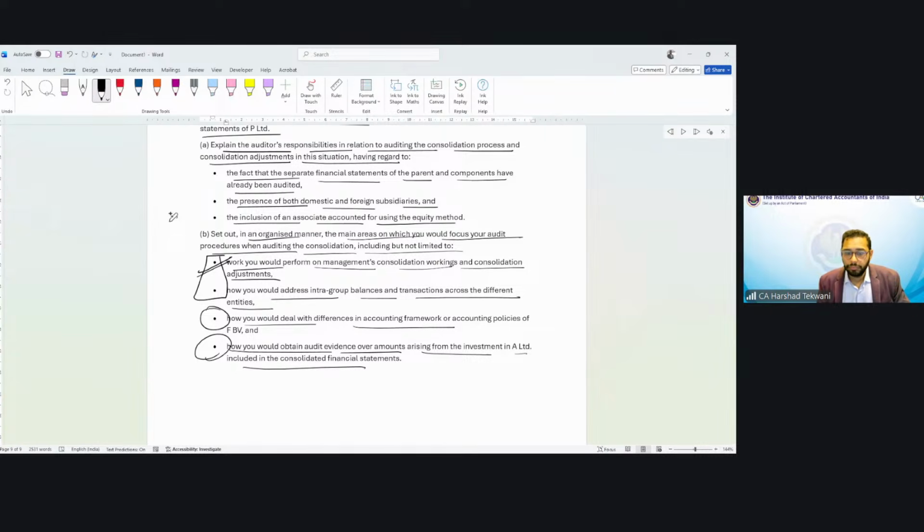Sir, first, I will check whether the management has considered all the components included in the CFS or not. For example, I will compare the previous year and current year, and see whether they included everything in the CFS. If there is any new agreement, what are the new investments? We will look into that.